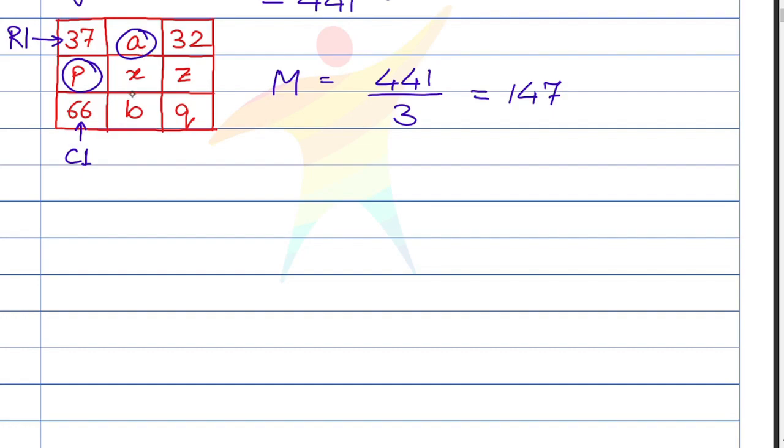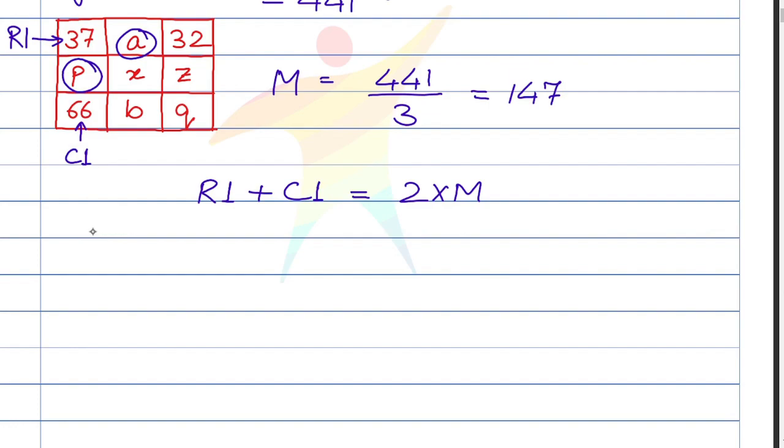We know that if I add complete row 1 and complete column 1, that will give me 2 times the magic sum. So here we will add the first row and first column. When we add the first row and first column, we get the sum of A and P as a variable.